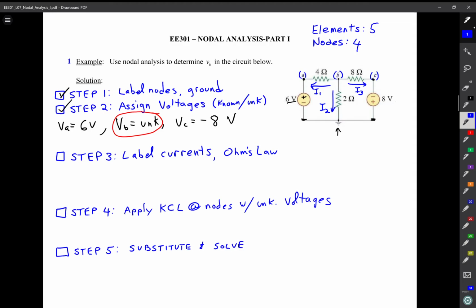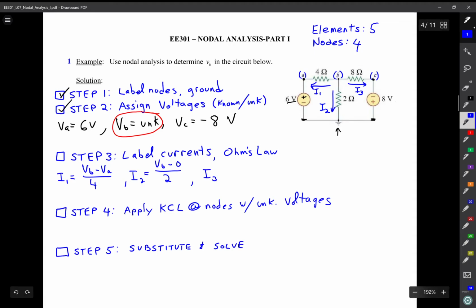I1 is equal to the potential at B to the potential at A. Notice here that the direction of the current is from B to A. So I go VB minus VA divided by 4 ohms. That's Ohm's law, V over R. I2 is equal to VB minus the voltage at ground, or 0, divided by the resistance between those 2 nodes, which is equal to 2.